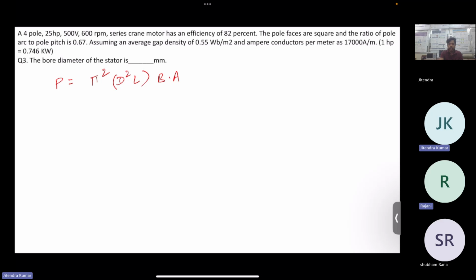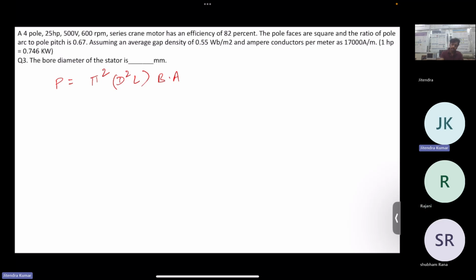One more term was there, isn't it? Sigma.